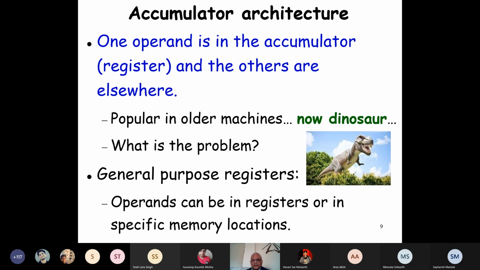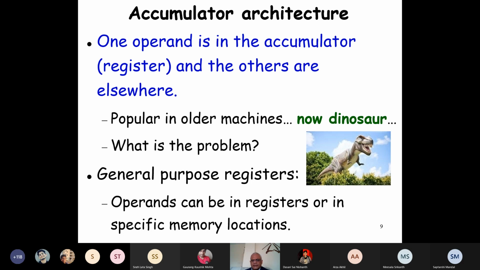So it is inefficient. The accumulator architecture is inefficient because each time you have to bring the operand to the accumulator. If it is in another register, that will not do. You have to bring it to the accumulator and again carry out the result, store it somewhere else, for every instruction. That's a huge wastage.